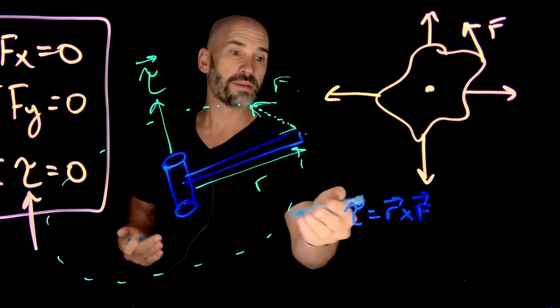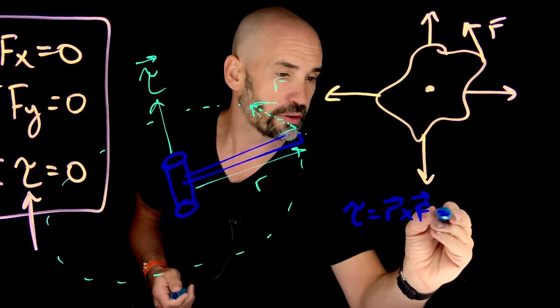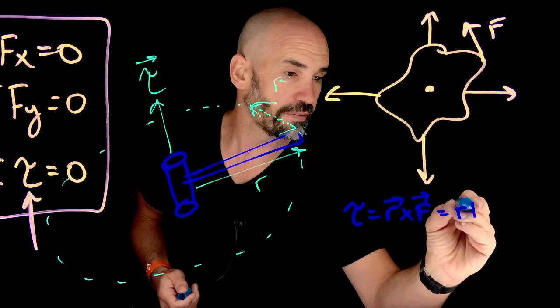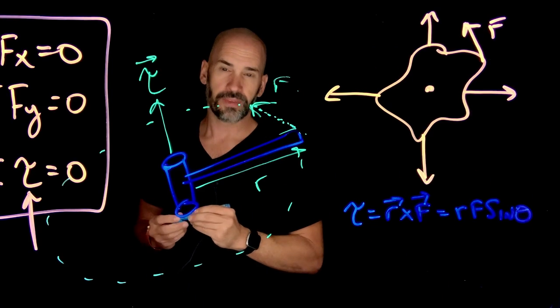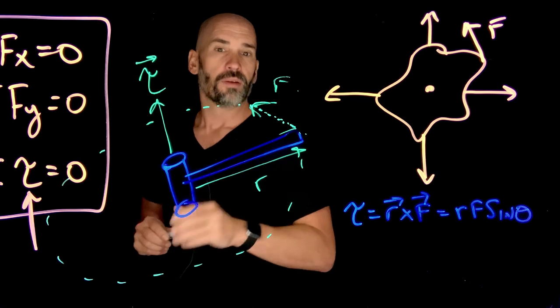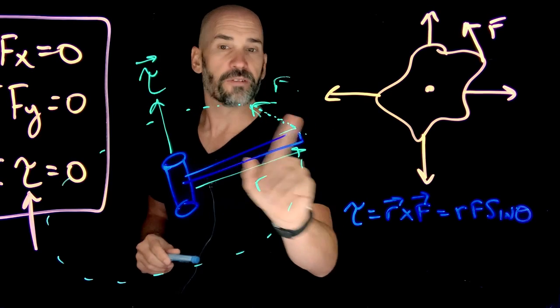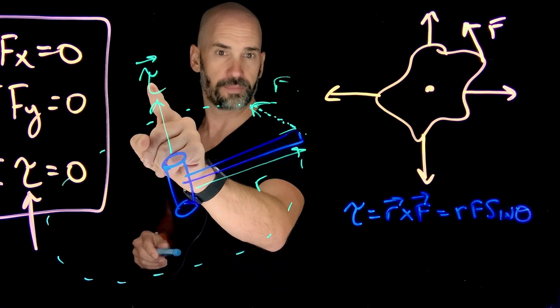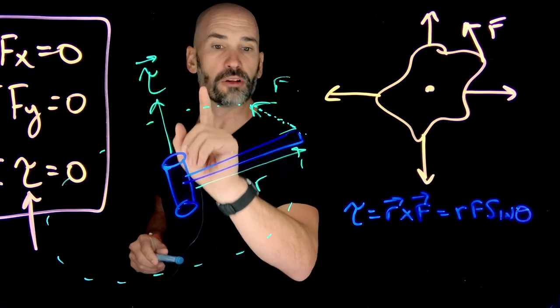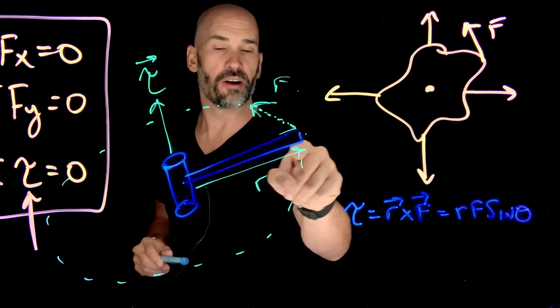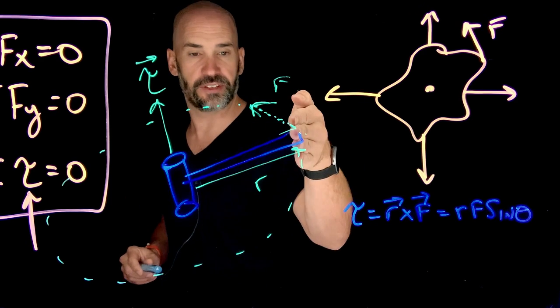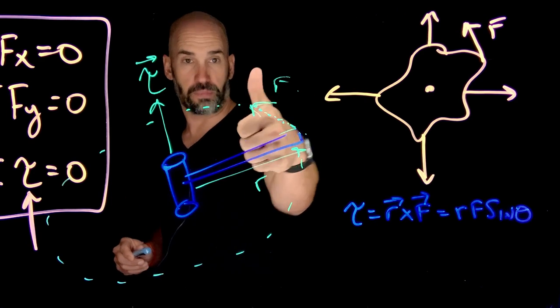But we can really simplify it, because I think you guys probably remember R cross F is really RF sine theta. To find the direction of the torque, it'll always be perpendicular to the plane made by R and F. So if R is here, F is here, torque is going to be perpendicular to that.